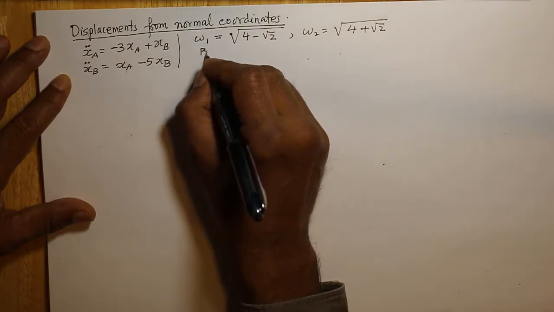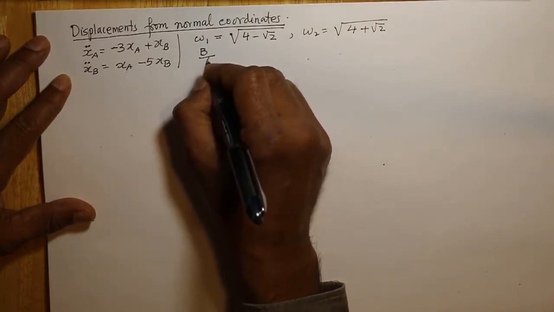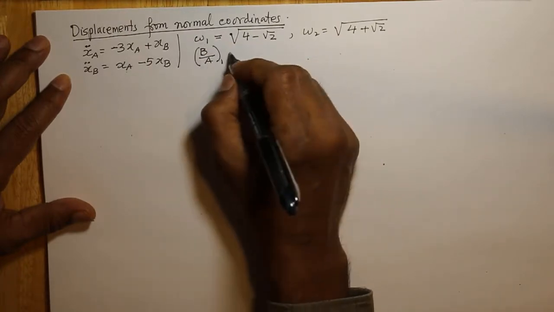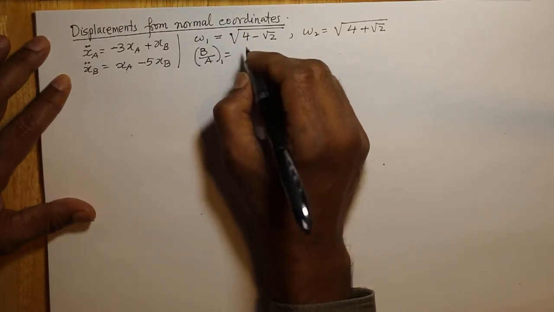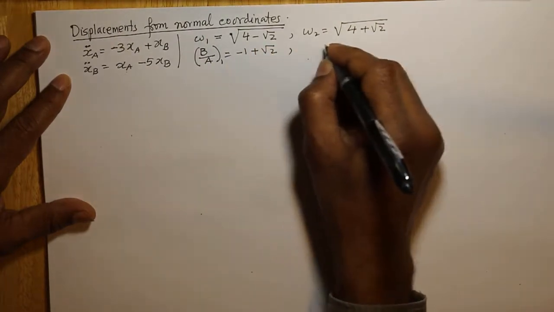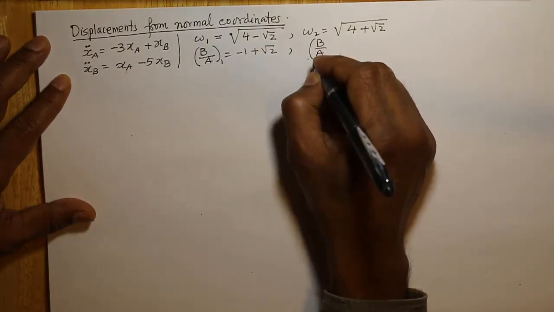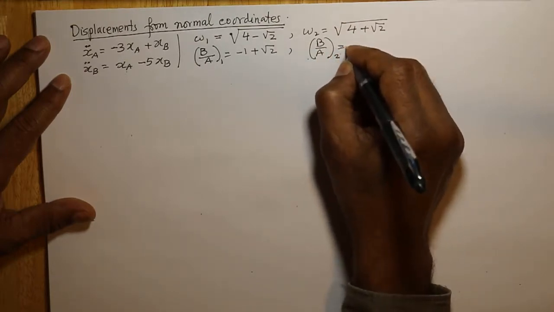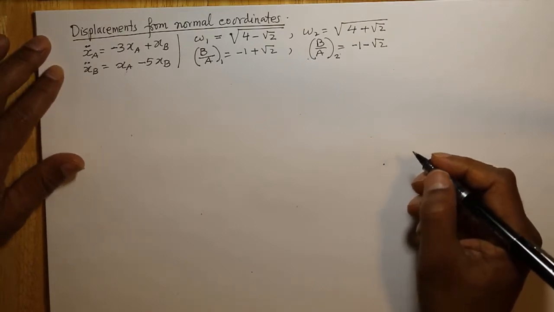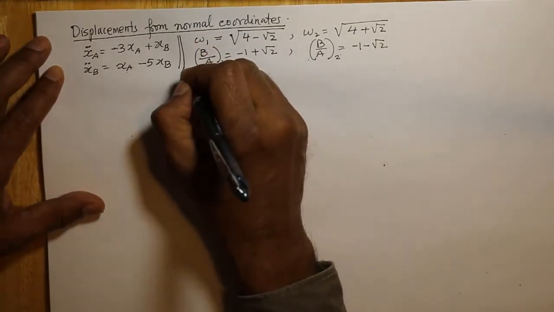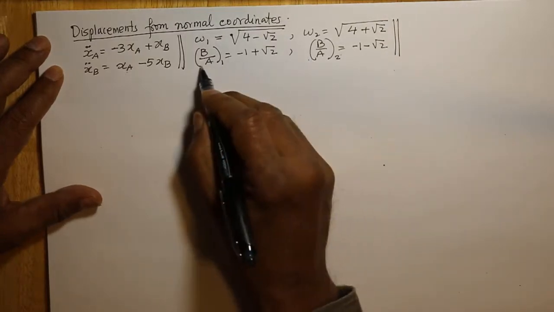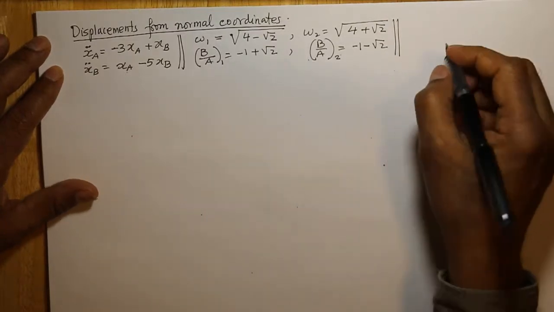When we look at the B over A ratio in mode 1, it was minus 1 plus square root 2, and the B over A ratio in mode 2 was minus 1 minus square root 2. So these are the normal modes.